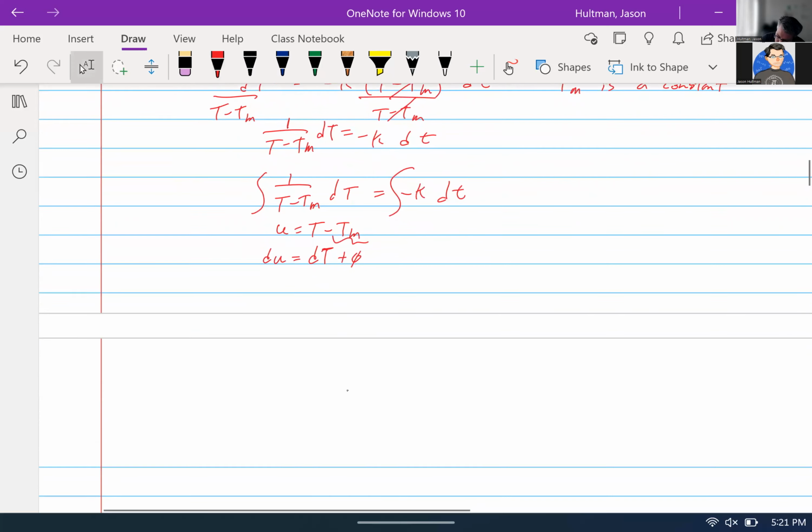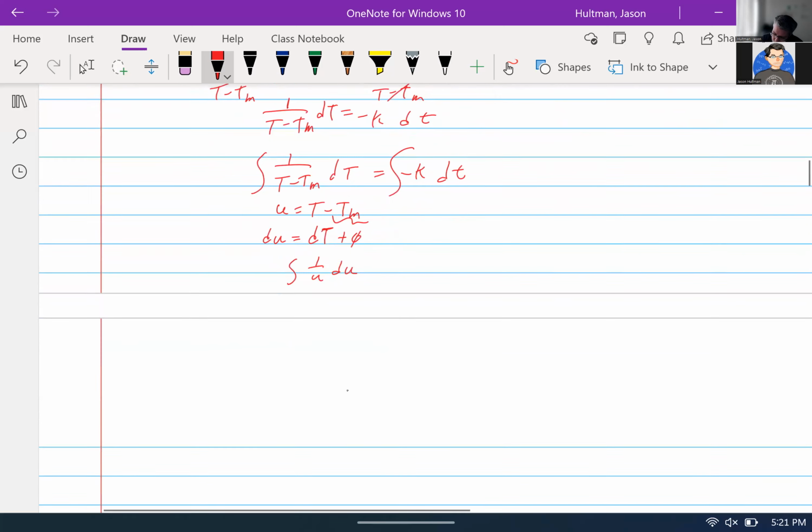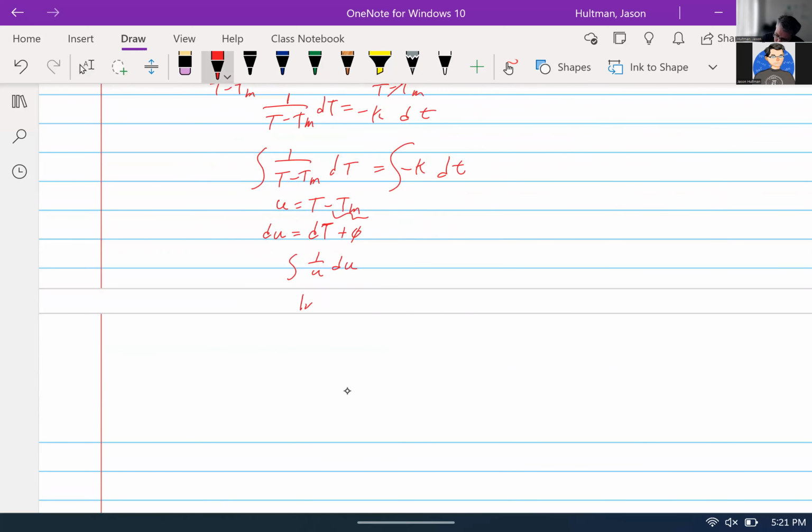And so if we integrate 1 over u du, what is that? That's just natural log again, natural log of u. But what was our u? Our u was T minus Tm, so that's the natural log of absolute value of T minus Tm. So that's our left side. Now let's look at our right side. We're going to just integrate a negative k.